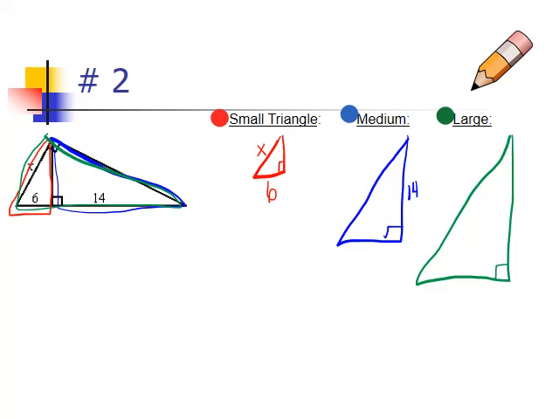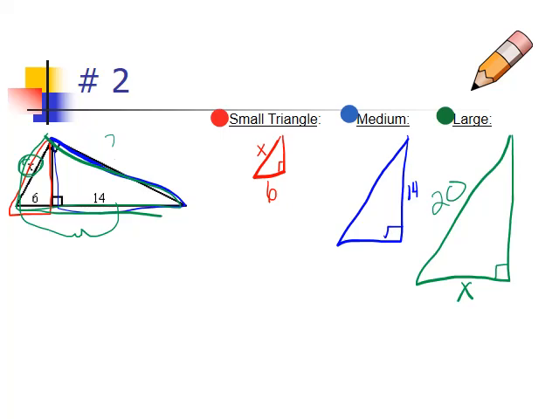And we see in our green one here, our short leg is equal to x units long. And then our hypotenuse, we know nothing about the long leg, which is right here, but our hypotenuse, or this distance right here, is 6 plus 14, which is 20. So now we are going to use, it looks like we have 2 pieces of information from the small triangle and the large triangle.